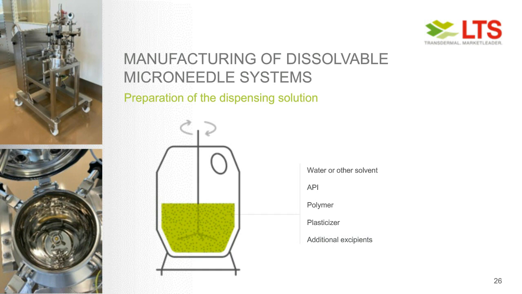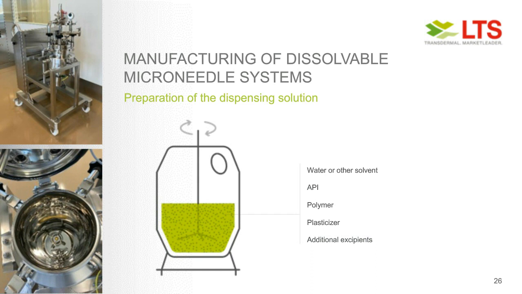For the researcher and the technical guys, this is typically not very interesting, because when it comes to lab equipment, it's always a magnetic stirrer and so on, where you put your water or other solvent, your API, your polymer, some kind of plasticizers and maybe other excipients. You mix them together and you are ready.